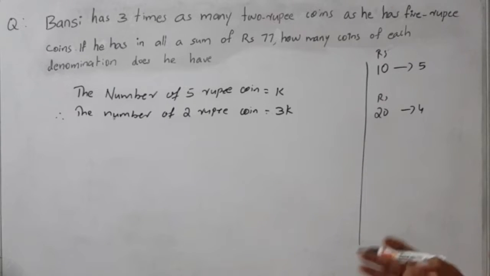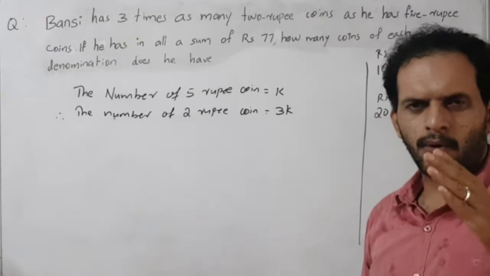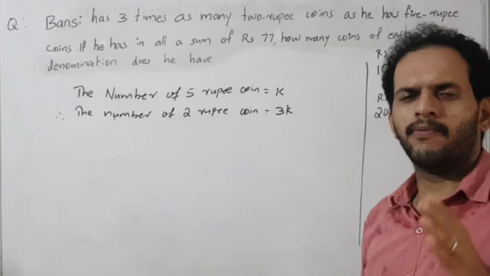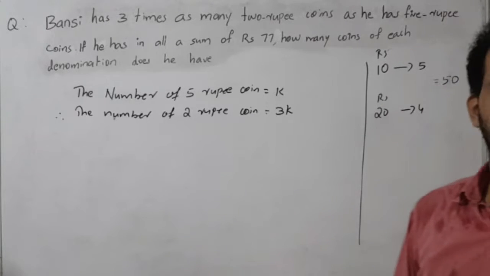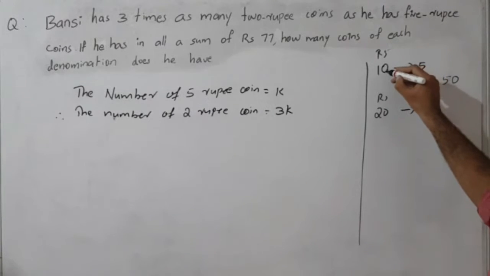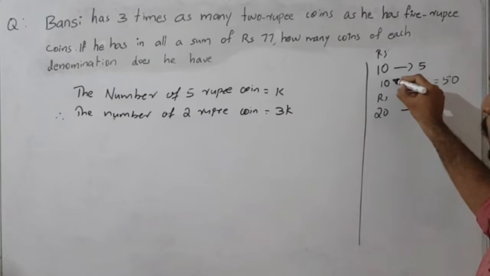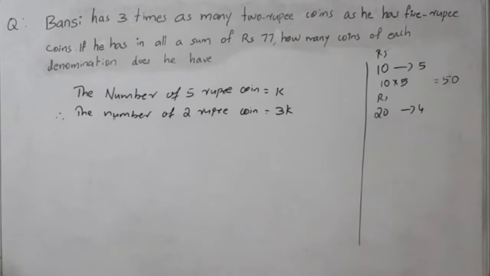If we add the 10 rupee notes, then what is the amount I will get from the 10 rupee? From here 50. Okay, it's very clear that one is 50. How do I get 50? The 50 means the amount, that is 10 into the number of notes, the number of coins. Correct?